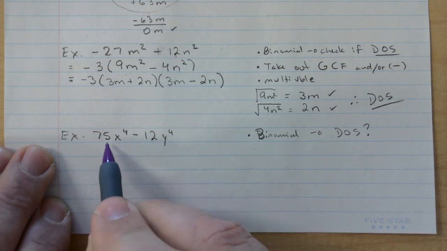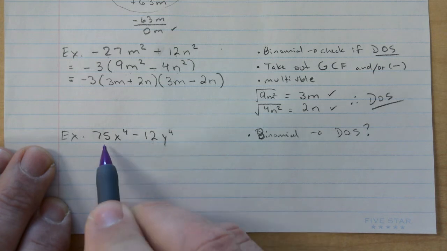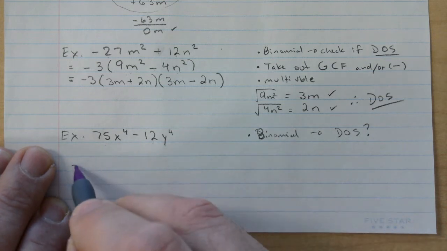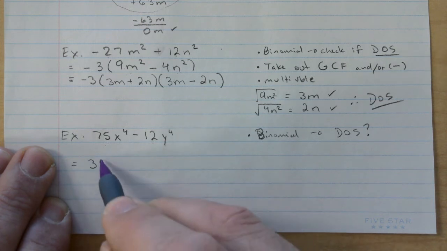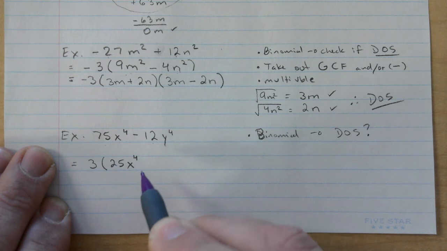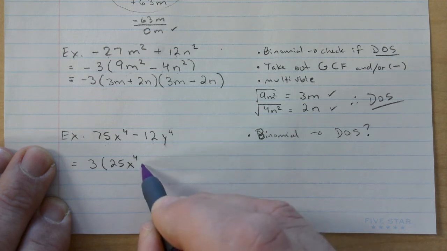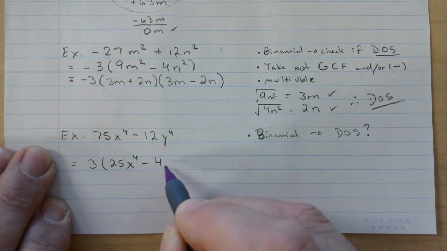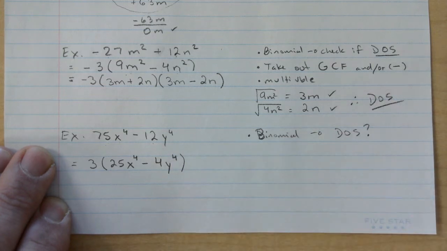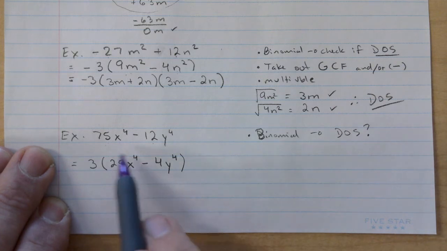So can I take out something for both of them? 3, right? So I'm going to take out a 3, and that's 25x to the 4 minus 4y to the 4. We're going to perform that check.